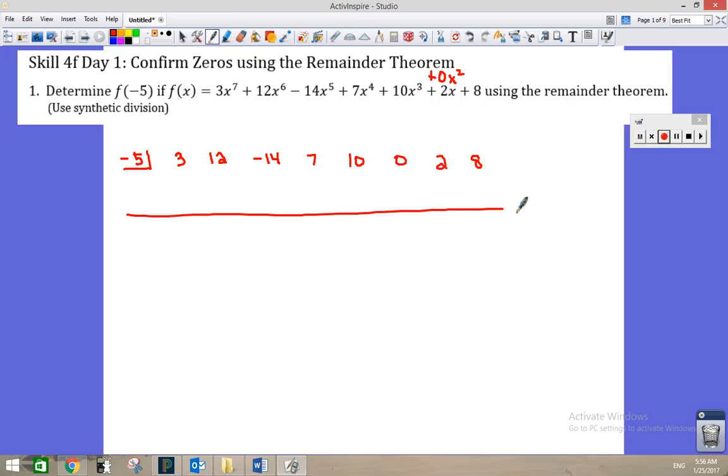So rather than having to figure out what -5 to the 7th power is and add all of this, the remainder from the synthetic division will be our answer. So we bring the 3 down. If the number is below the line, it gets multiplied by the number in the box.